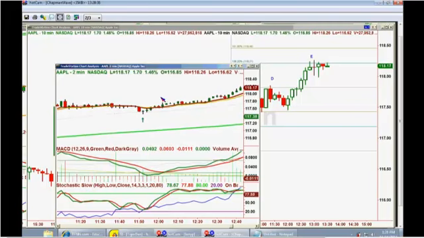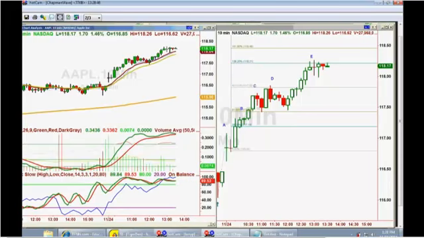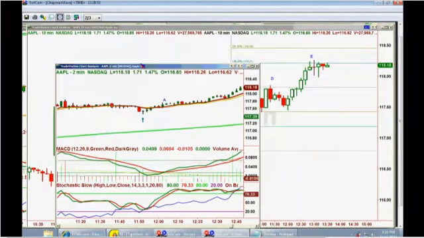So here we go. A. Whoops. What happened? Where's my 2-minute chart? Come back. Apple. There it is. A. Let me make this a little bit bigger.